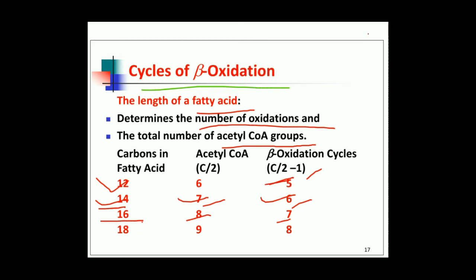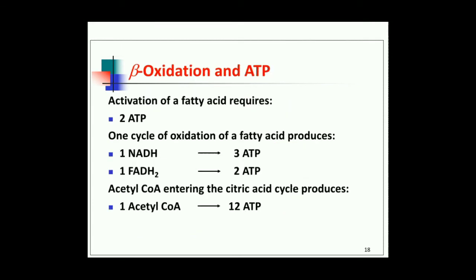Now let's move on and see the beta oxidation and ATP. Here you can see that activation of fatty acids requires 2 ATP. As we have already discussed, activation means free fatty acids get converted into acyl coenzyme A with the help of energy in the form of ATP.